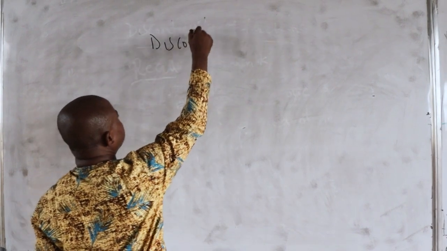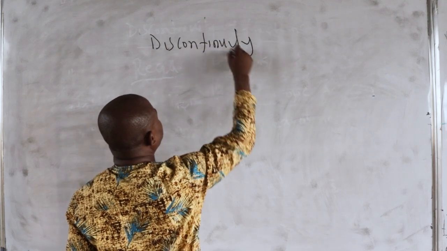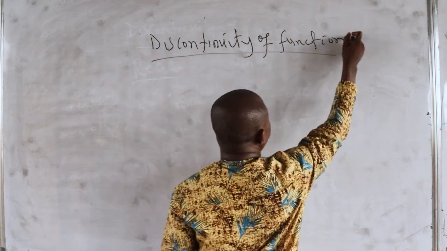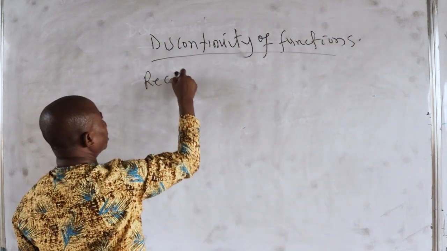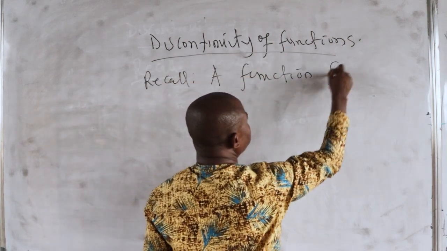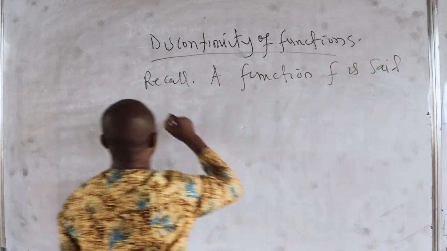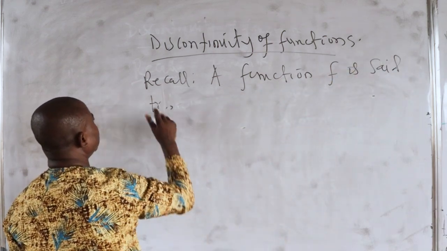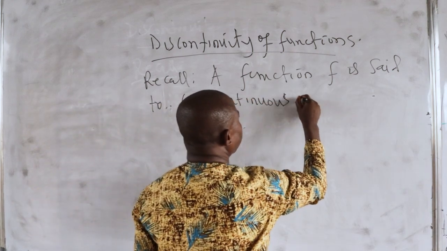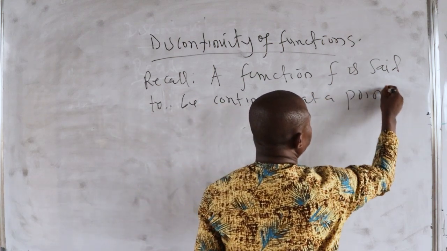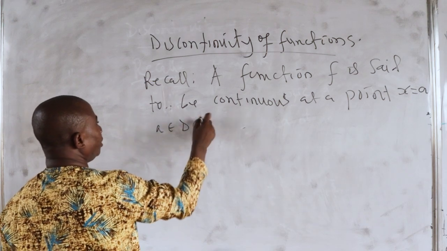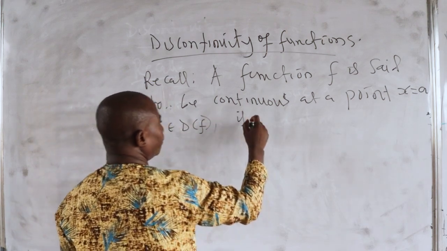Okay, discontinuity of functions. Recall a function f is said to be continuous at a point x equals a, where of course a is a member of the domain of the function f, if the following is satisfied.